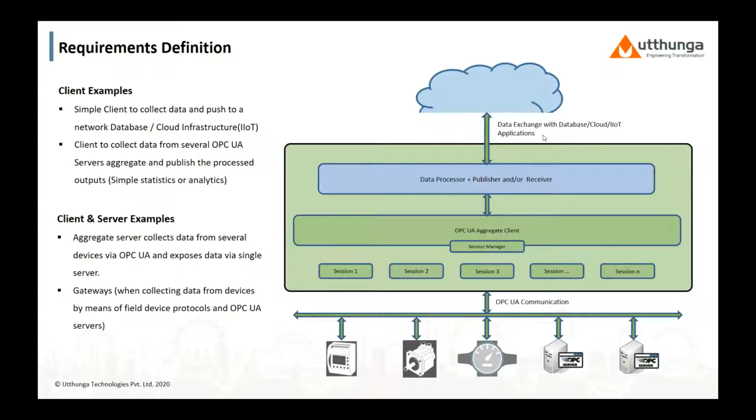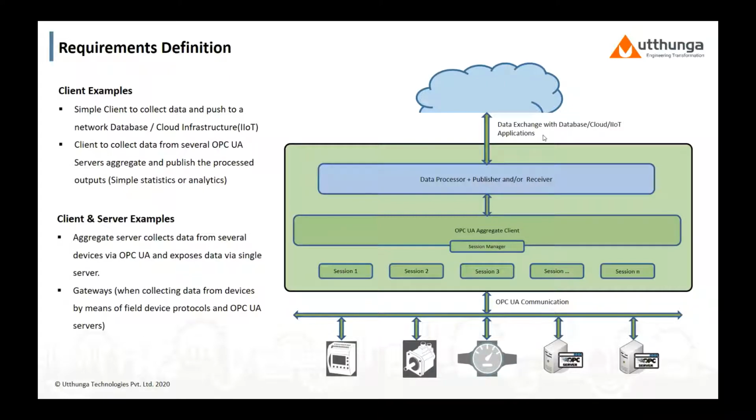And in some cases you can connect to different OPC UA devices, collect and aggregate the entire data, and then expose the data. So this collection of data can be from OPC UA devices or even from the field devices. So that is one example of where client and server both will be running on the device.